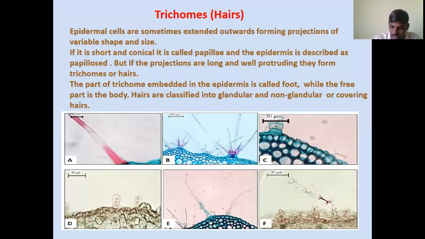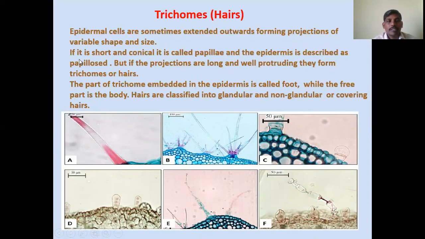Next, we discuss another accessory structure of the epidermal tissue system, that is trichomes or hairs. Trichomes or hairs are nothing but external emergences or external appendages which are derived from the epidermal cells. Epidermal cells sometimes extend outward, forming projections of variable shape and size.